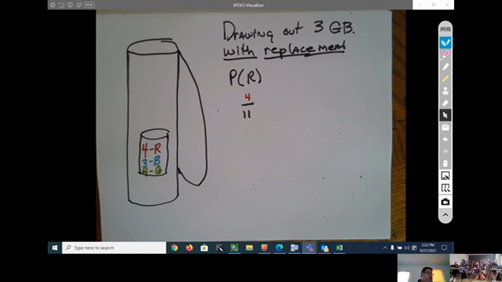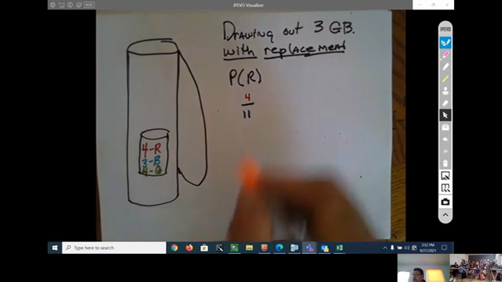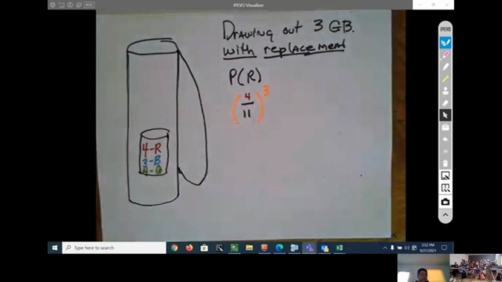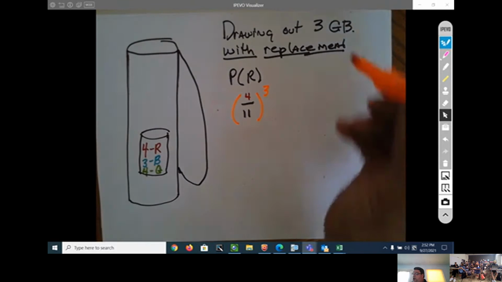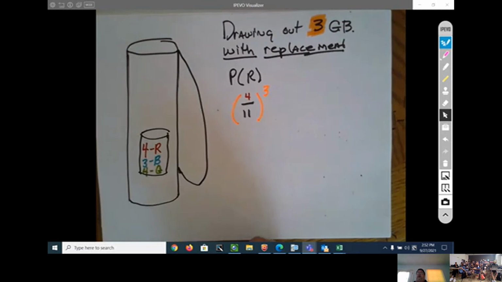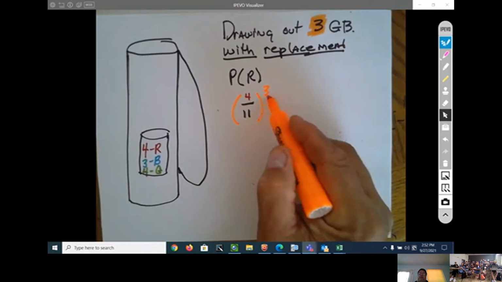Let's go with an orange. The exponent is always going to be what you're drawing out or what you're pulling out. 3 pulls, exponent of 3.